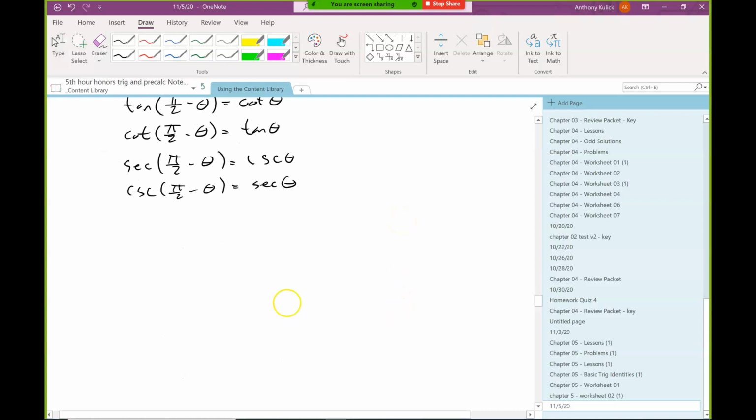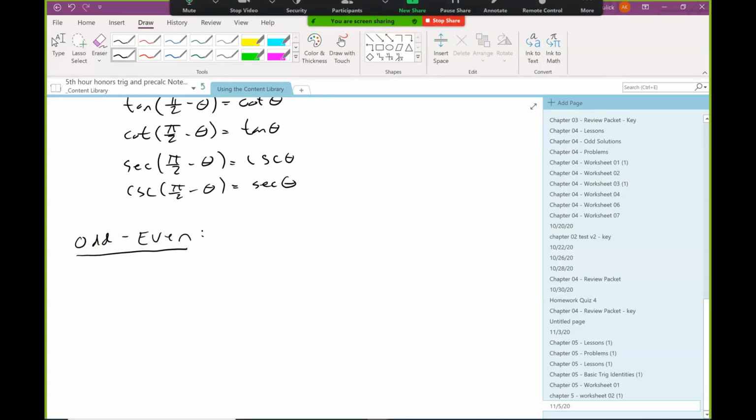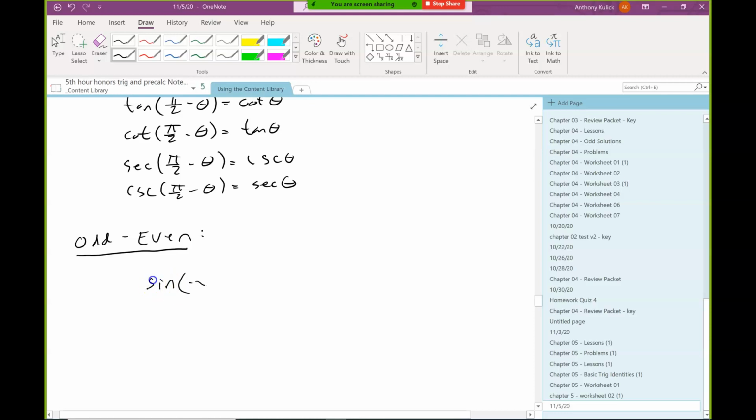When we talked about odd and even, and when we graphed sine and cosine, we mentioned that they were odd or even. So this is just a natural extension of those two ideas. If you remember, sine was an odd function. That means that a negative sign inside the function can be moved to the outside.